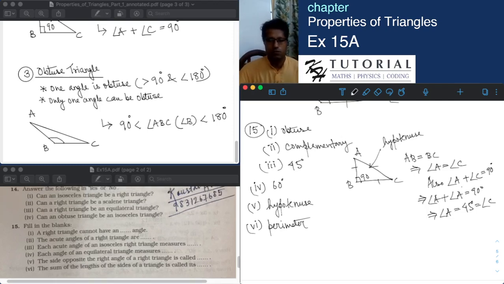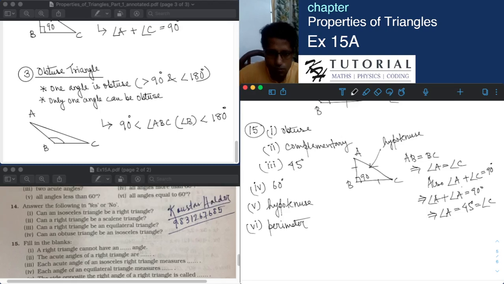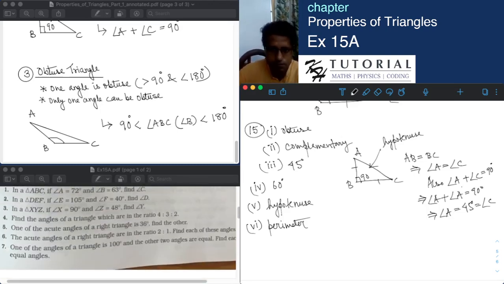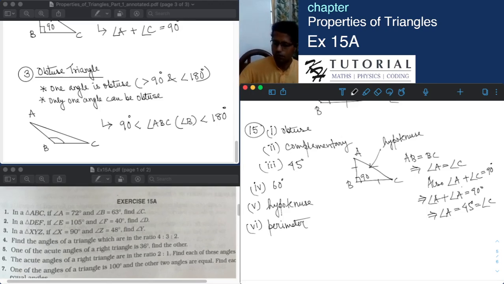So this brings to the end of solving the problems of exercise 15A from the chapter Properties of Triangles. In the next video, I will move on to the next section of the chapter. Tomorrow I will discuss the next topic and we'll solve the next exercise problems, that is 15B.